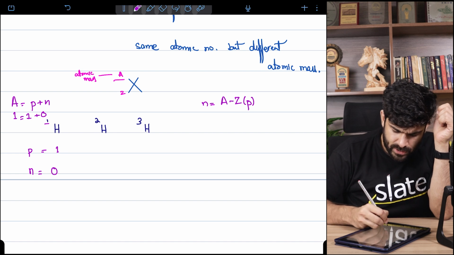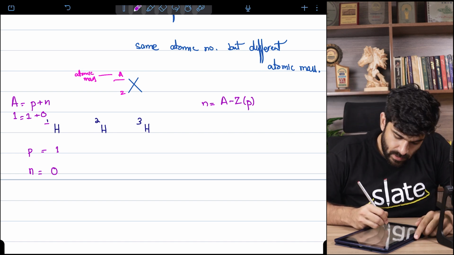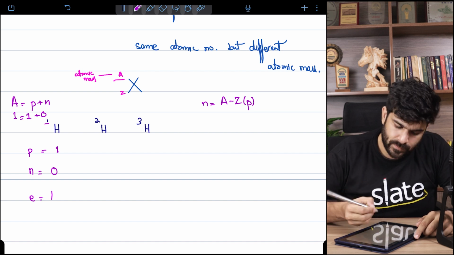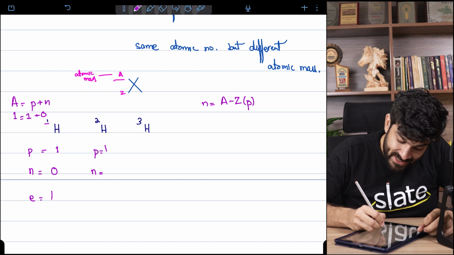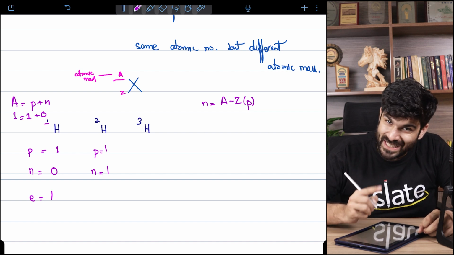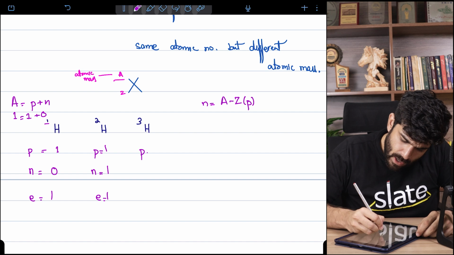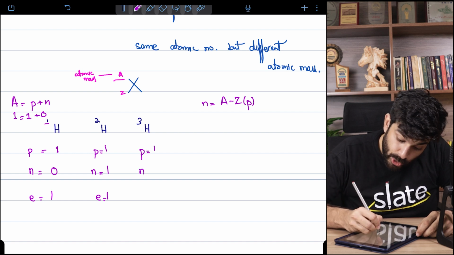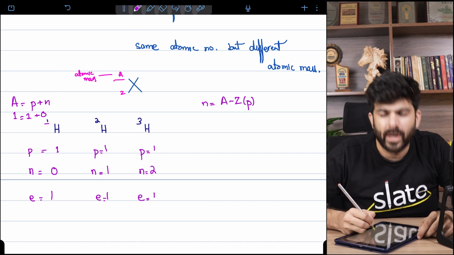So 0 neutrons. But we have the same number of protons and electrons in atoms, so electrons are also 1. In this case, 1 proton, but this time 1 neutron. The mass has doubled, but again 1 electron. Here, 1 proton, 2 neutrons this time, and 1 electron.